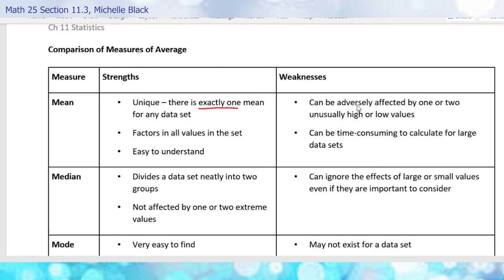A weakness of the mean is that it can be adversely affected by one or two unusually high or low values. So in the example we did, we had that 21, which definitely made our mean a little bit higher than it probably would have been if all of our values were actually closer to the 2s and 3s. And if you have a lot of data, it can be very time consuming to calculate your mean.